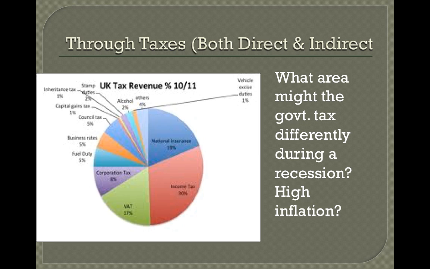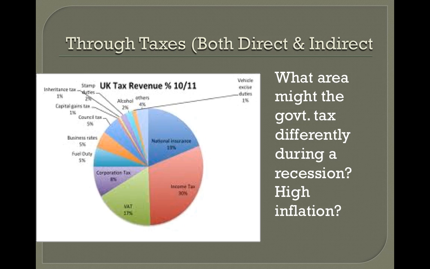You can see that they get 2% on alcohol, 2% on stamps, fuel and gas taxes, which are embedded in the price of gas, corporate tax, value-added tax, income tax. There are all sorts of different taxes that the British government levies on its citizens and companies, and those different taxes are used to finance government expenditure.